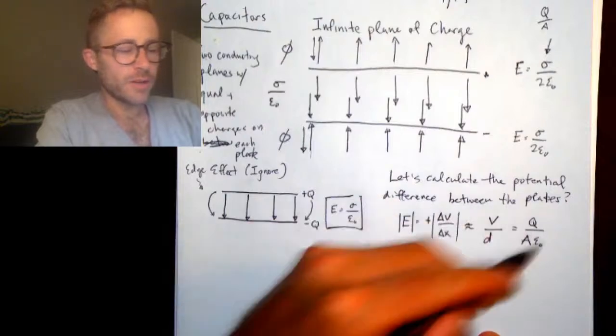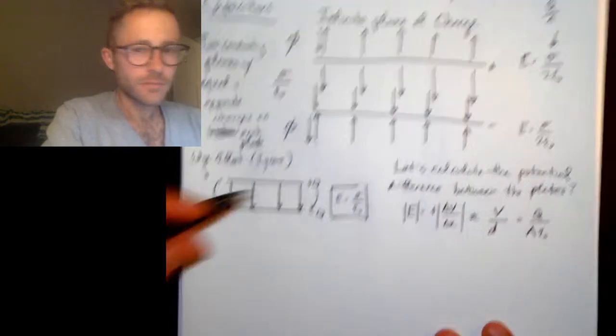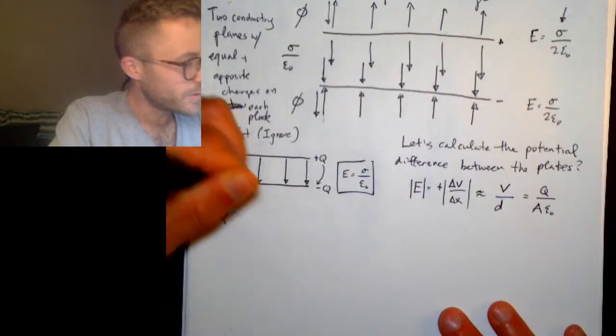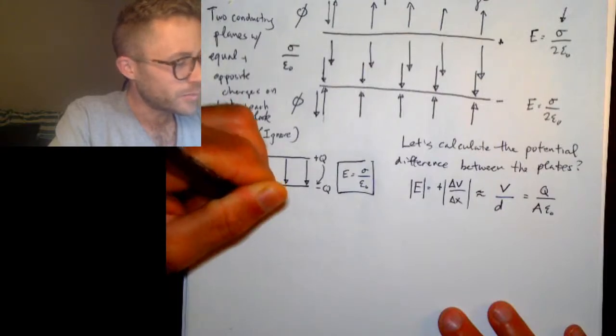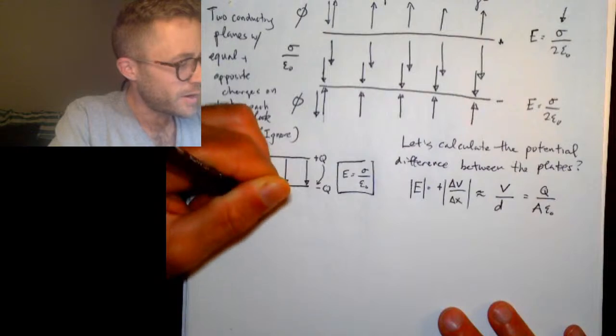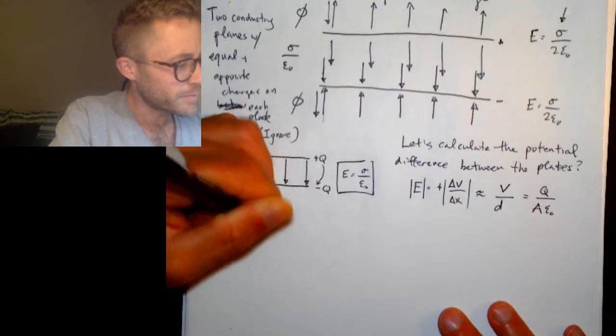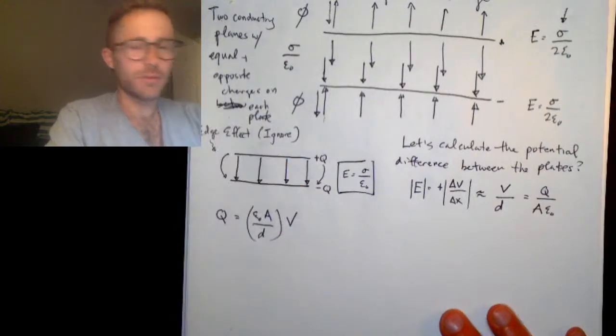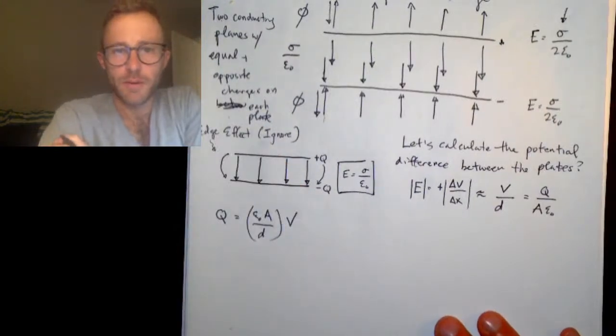So I can rearrange this equation, and I get Q equals epsilon naught A over D times the potential difference between the capacitor plates.